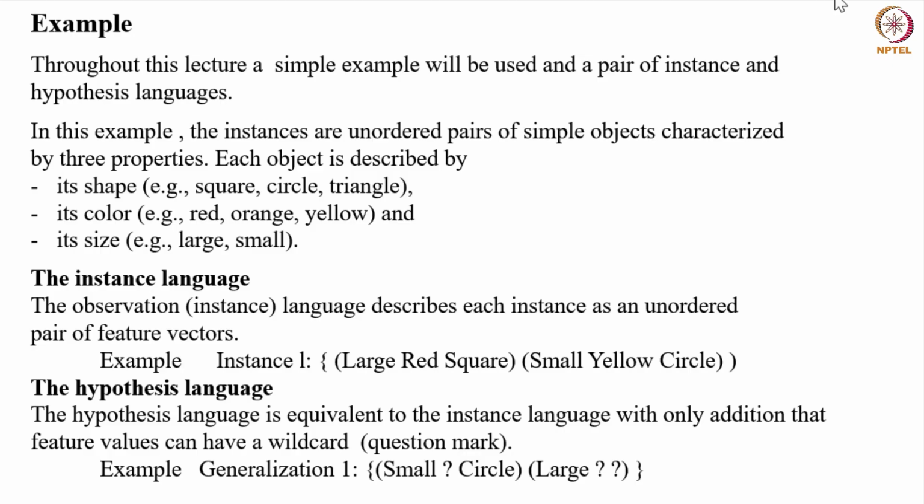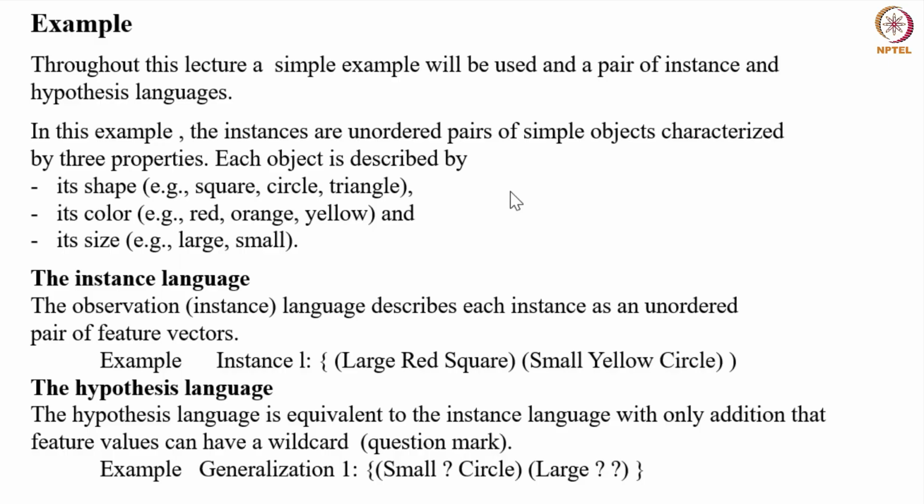Before we go on, I want to introduce a simple example that I will use for this lecture. In this example, our instances will be unordered pairs of simple objects, where each object is described by three features. The features are shape, color, and size.